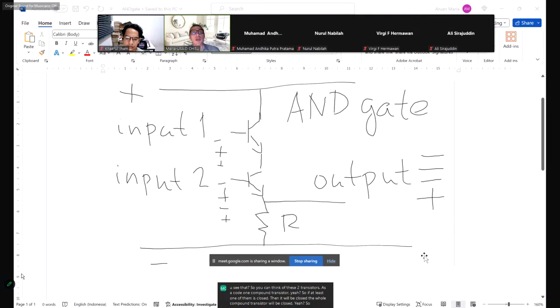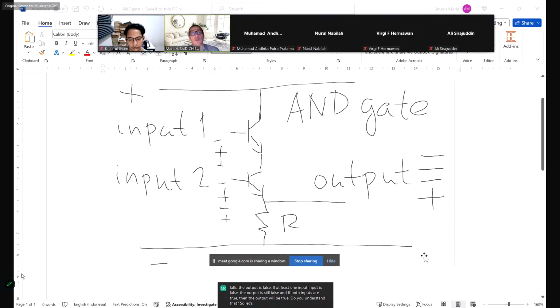So if both of them are opened, then it means that the compound transistor will be opened, yeah? And as you probably know how AND gate works, if the inputs are both false, the output is false. If at least one input is false, the output is still false. And if both inputs are true, then the output will be true. Do you understand that?